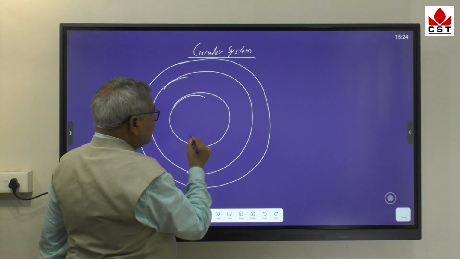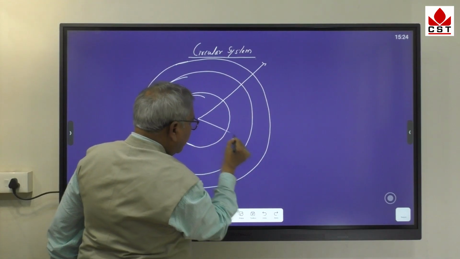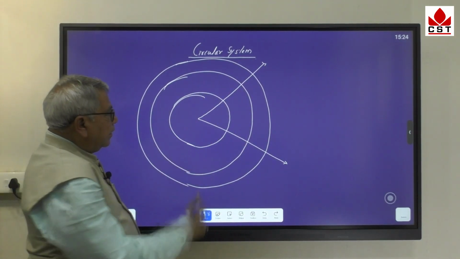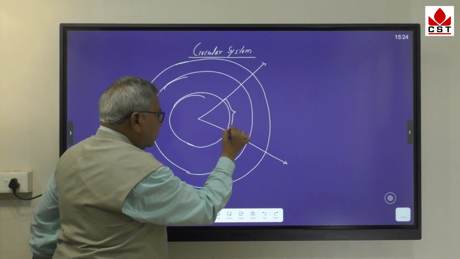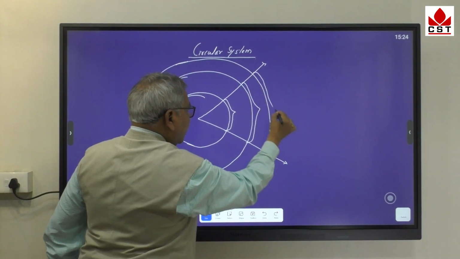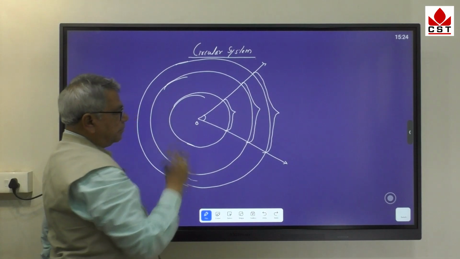Listen here, this is the center. This is an arc of the circle. This is an arc of the circle. This is an angle subtended at the center.